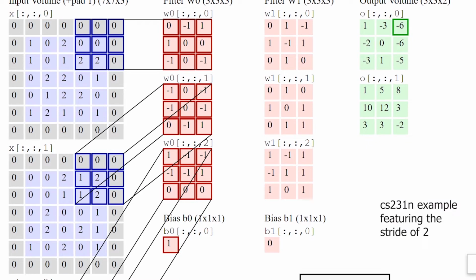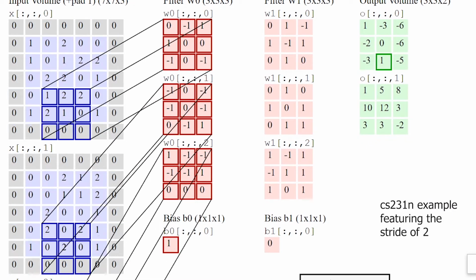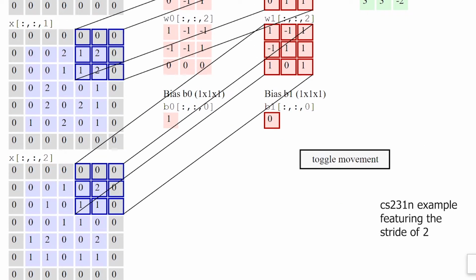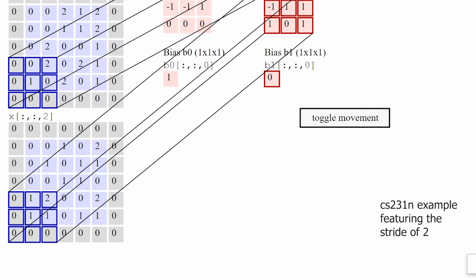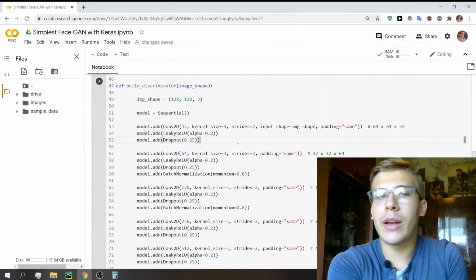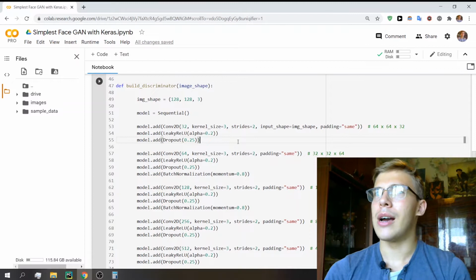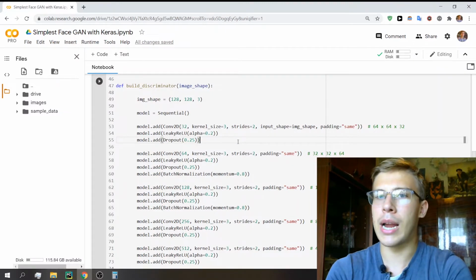We also use a kernel size of 3, which means the kernel that slides across the image is a 3x3 kernel. There are two common ways to downsample. The most common is max pooling, which essentially reduces the size of the image by 2.